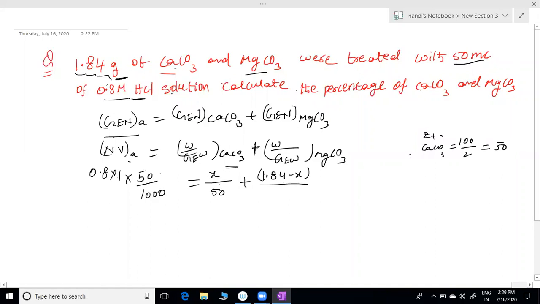Right, 42. Okay, now solve this one. What is the X value? Solve the equation. Once you get the X value, for calcium carbonate and magnesium carbonate, they are asking for percentage.